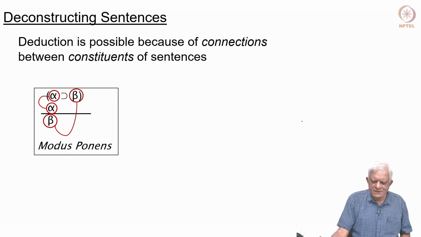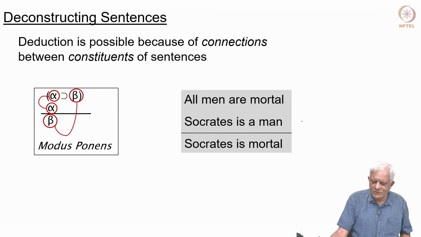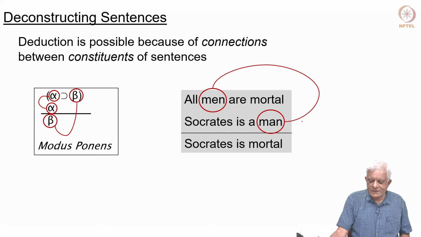We need to do something similar with first order logic as well. Take the pattern that we started with early on, this syllogism or the Socratic argument. If we treat each of the sentences as propositional, then there is no way we can derive the fact that Socrates is mortal from the sentences that all men are mortal and Socrates is a man. We need to deconstruct the sentences and look at the components and the constituents, and that is what will give us the connections between the two premises and the conclusion.